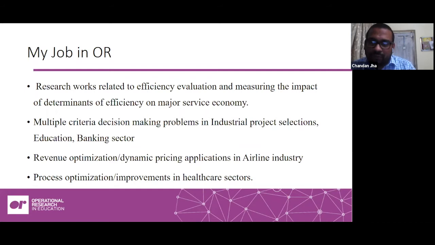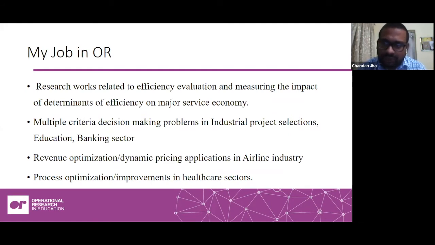So what kind of models can we develop to help this particular industry? This requires non-linear programming knowledge and non-linear optimization techniques. Mainly if I use dynamic pricing and revenue optimization in the airline industry or in other sectors as well, whenever the objective is optimizing revenue and profit maximization, non-linear programming models are mainly used.